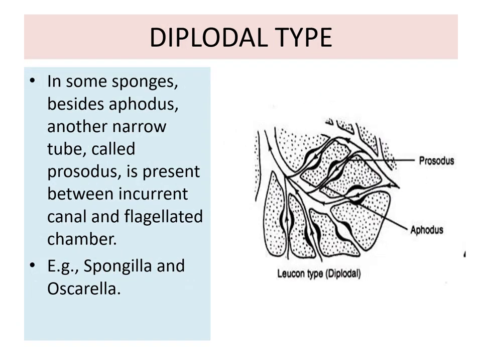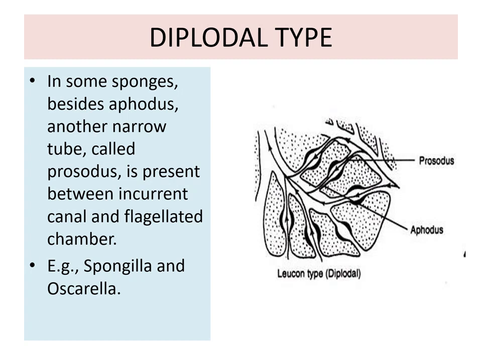Now coming to the third, diplodal. Here both the apertures become pipe-like, right? So in this case, the sponges have aphodus, that is the narrow tube, and also the prosodus is present. The movement of water is from the dermal ostia to the incurrent canal, right? From the incurrent canal, the water enters into the flagellated chamber, not through an aperture but through a canal.